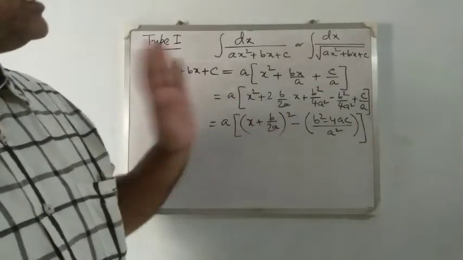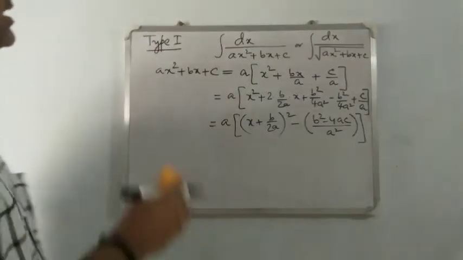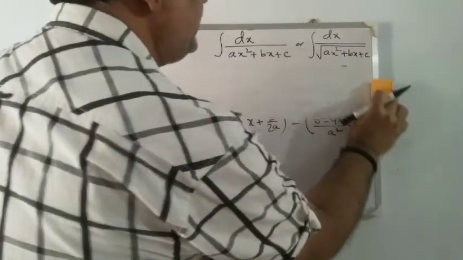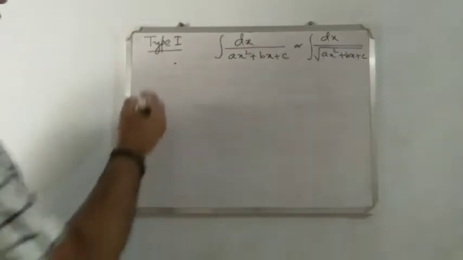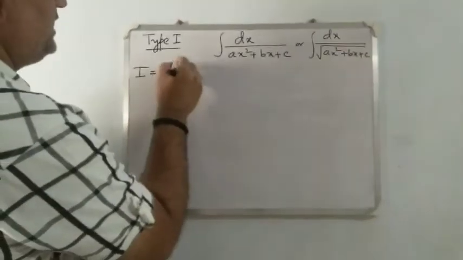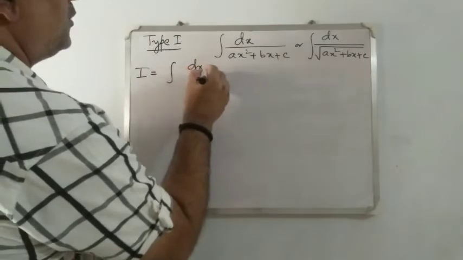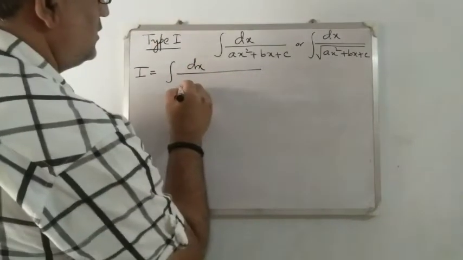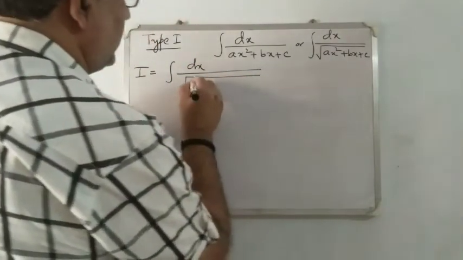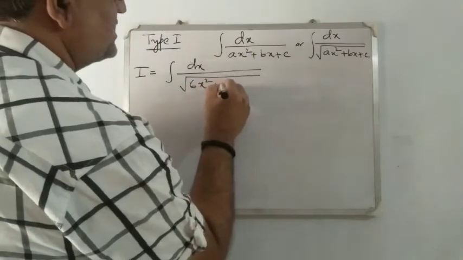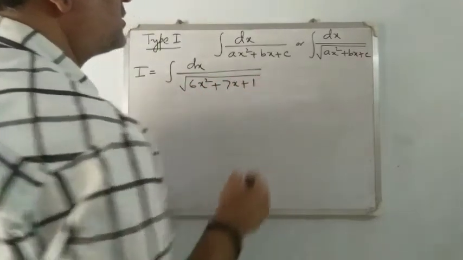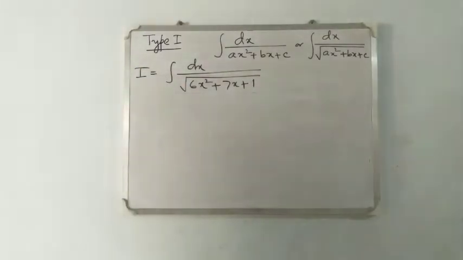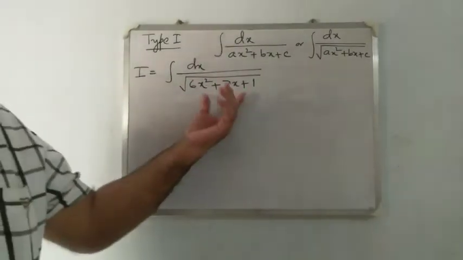Now let us start with an example. Say I is equal to integral dx by root over 6x square plus 7x plus 1.